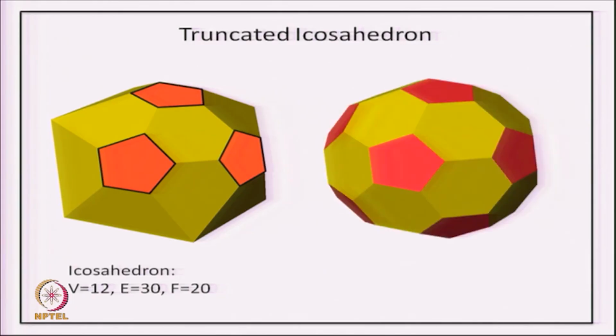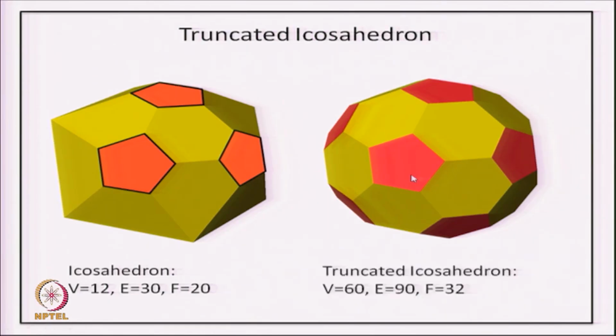I then get a truncated icosahedron, which is shown here. You can see these 12 pentagonal faces. The total number of faces is now 32, of which 12 are pentagonal and 20 are hexagonal. So the structure is not that difficult once you go from the icosahedron to the truncated icosahedron.